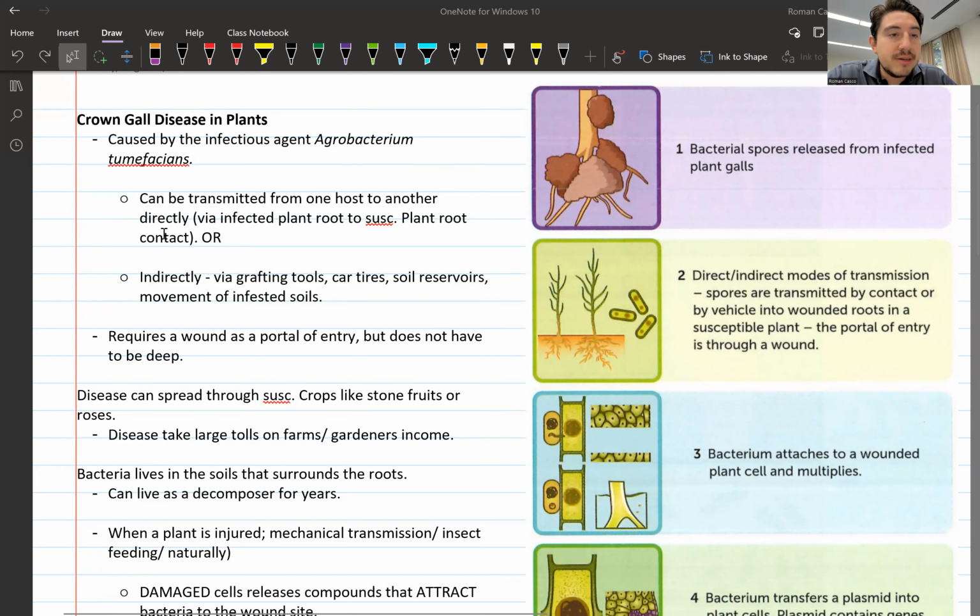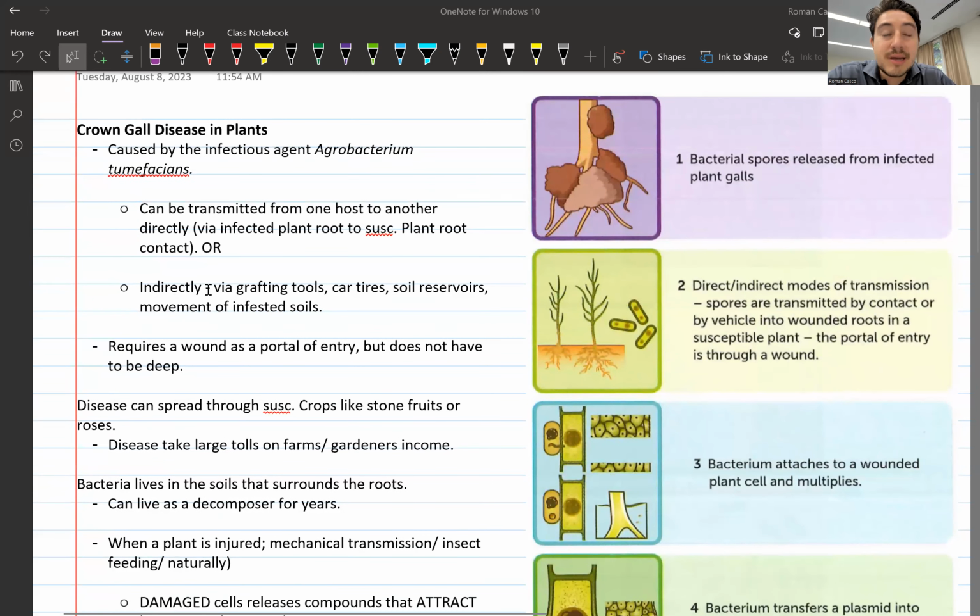Okay, direct transmission, but it could also be indirect, where the bacteria could be on top of certain surfaces: grafting tools, car tires, soil reservoirs in the soil. You're not necessarily very close to another plant, but via humans using contaminated tools on one plant, they move on to another section of, let's say, a farm or land, and infect another plant, and so forth.